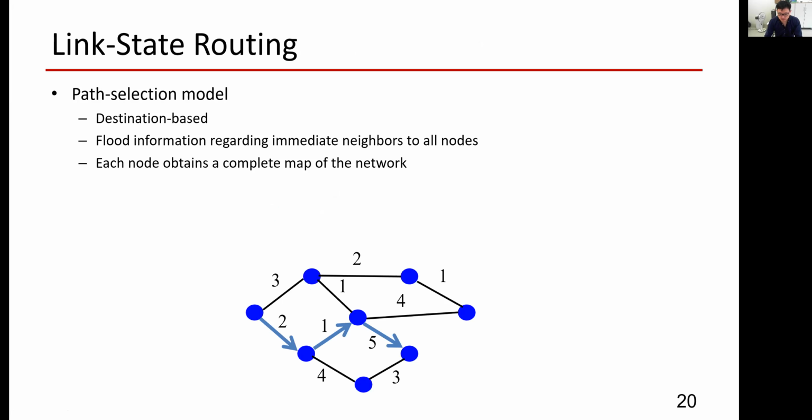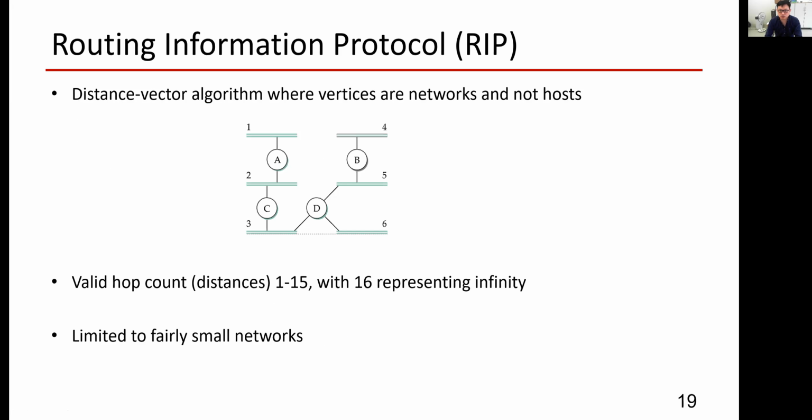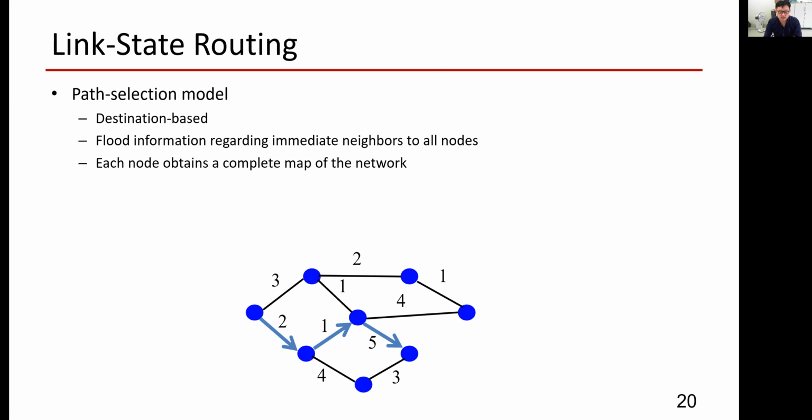Okay, so this routing information protocol is not commonly used, but link state is a very common solution. Link state is basically a path selection method. It is destination based: from this node, how can I connect to everybody?